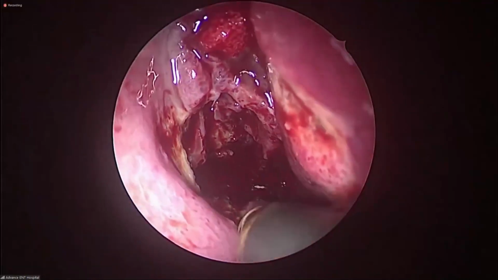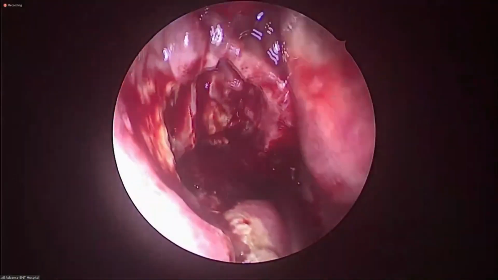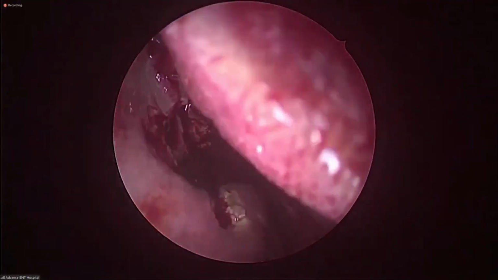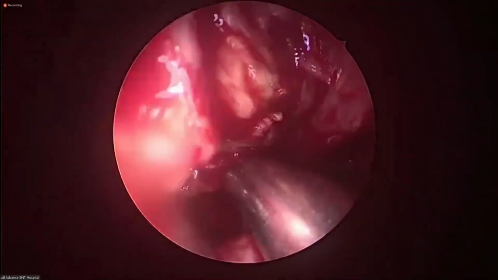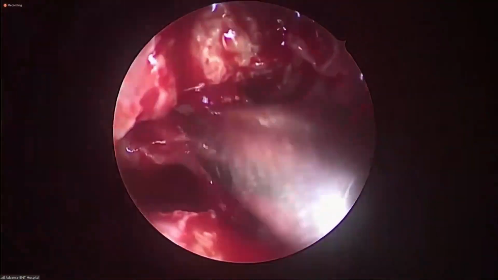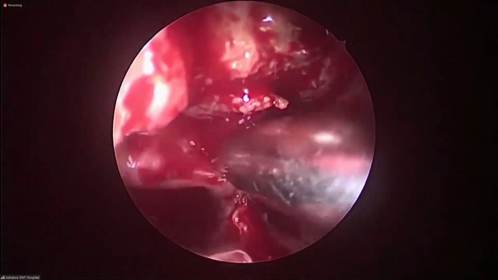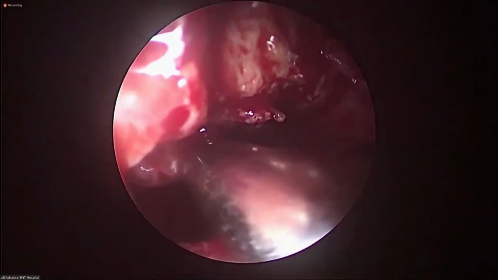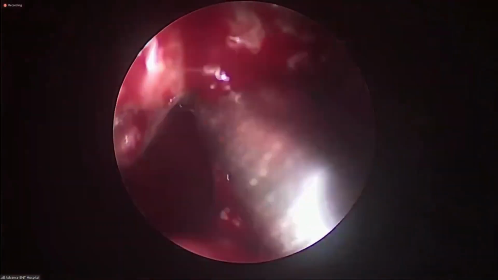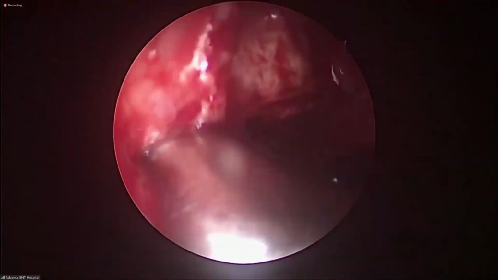So the coblation is a very useful tool here, sir. Coblation we always keep in every sinus case. Some time or other it is required. Because this much bleeding won't be taken care of by cautery. Yes, sir.